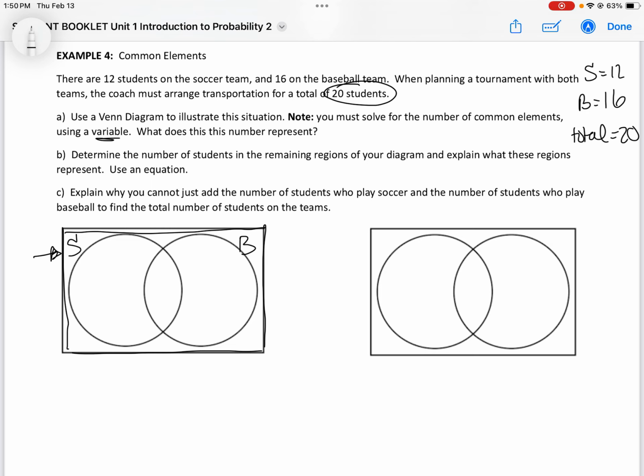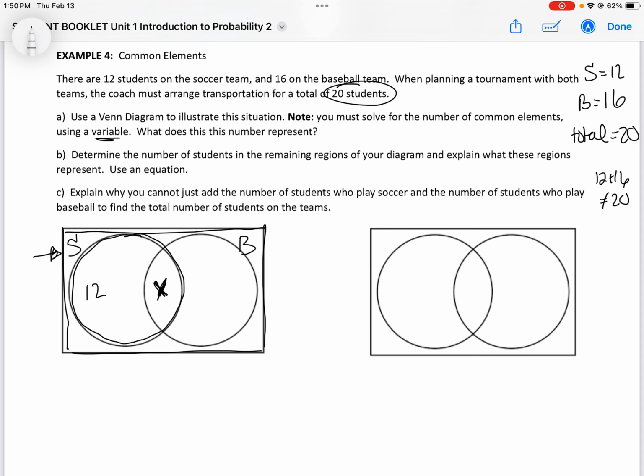So we know that this circle here is going to have a total of 12 individuals. The thing is, we don't know how many are on both teams. Because if you think about it, 12 plus 16 is not 20. It's 28. So somehow we've double counted, and it's reflecting that there's 8 extra people, but there's not.